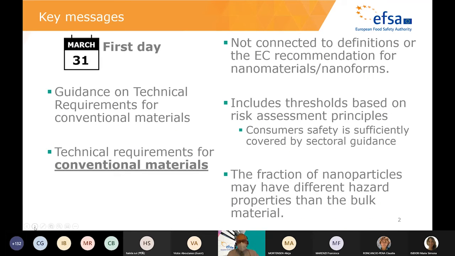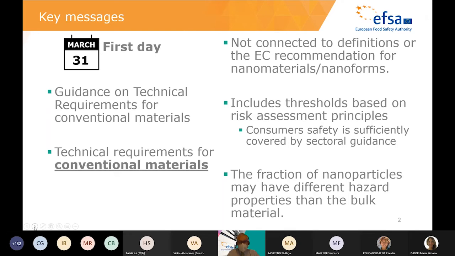First, the guidance for the technical requirements for particles is a guidance for conventional materials. We are not saying that if you need to use the guidance, you are producing an engineered nanomaterial. It is not connected at all to the definitions or to the ECHA recommendation for nanomaterials or the nanoforms, or the definition for engineered nanomaterials in the Novel Food Regulation.